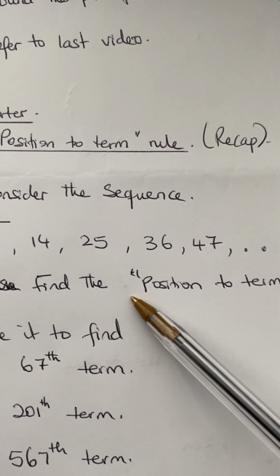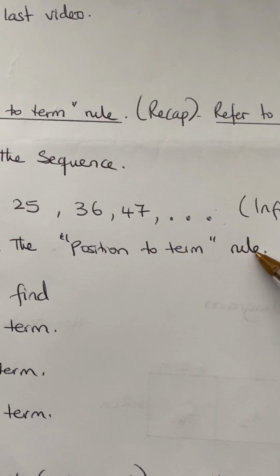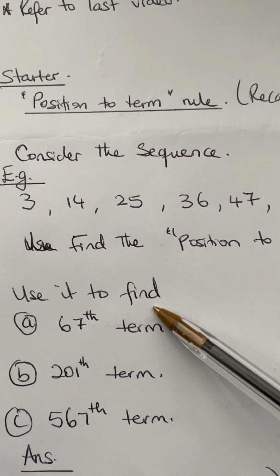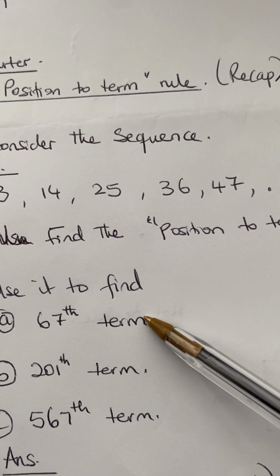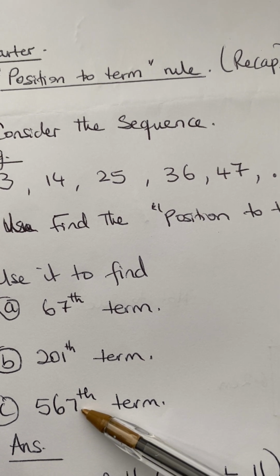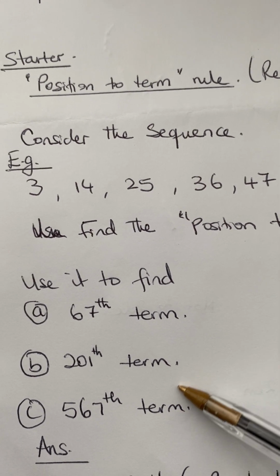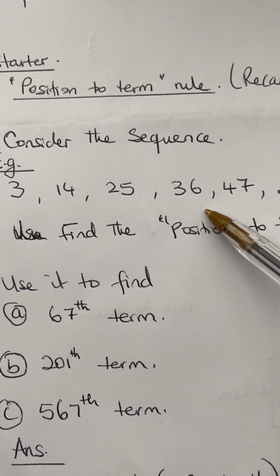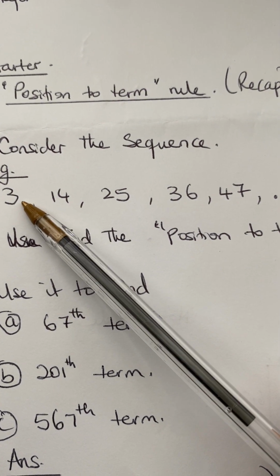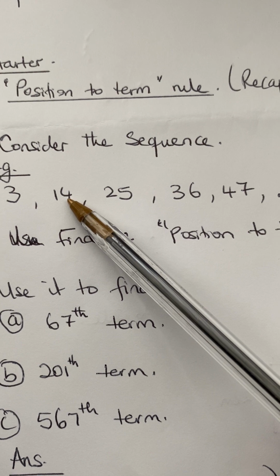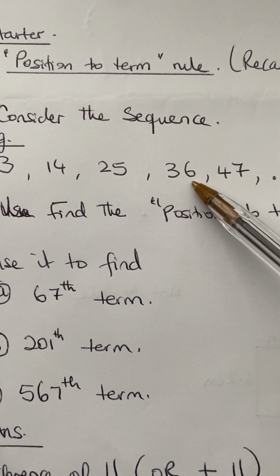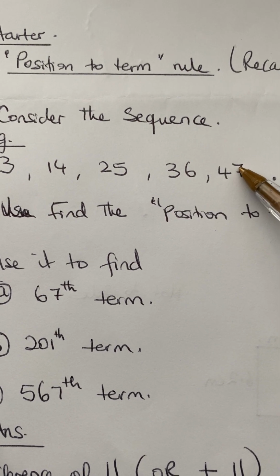Now here, we want to find the position to term rule. We have a video on that. Then use it to find the 67th term, the 201st term, and the 567th term. If you look at the sequence, it's easy: 3 add 11 will give you 14, add 11 gives 25, add 11 gives 36, add 11 gives 47.